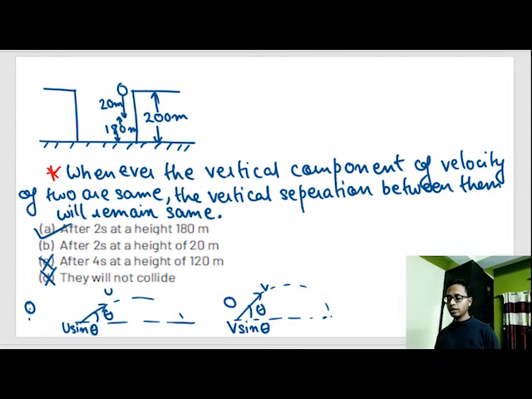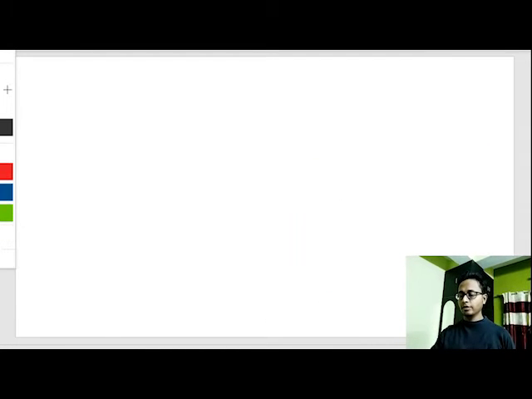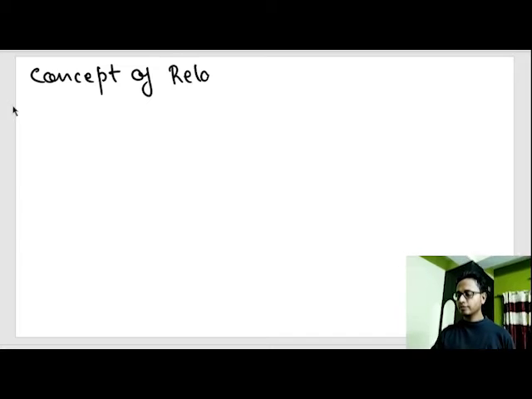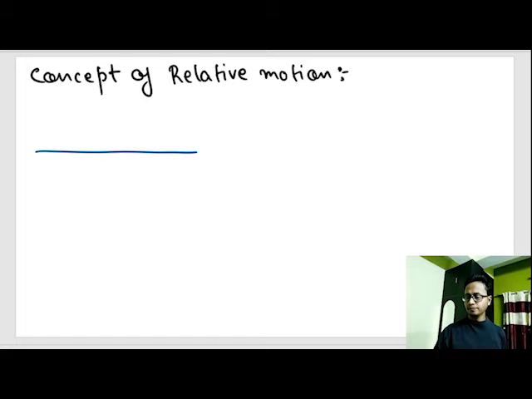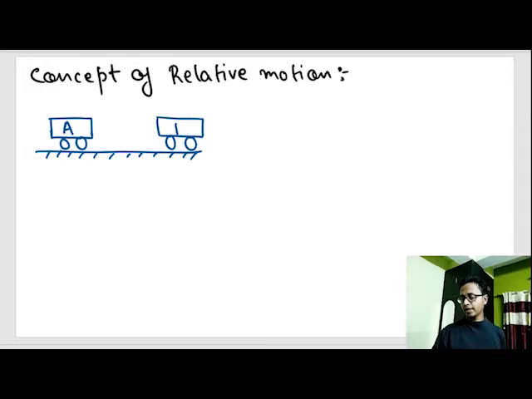Now let's do the concept of relative motion. Suppose you are at a roadside, sitting on the grass, and you are seeing two cars, car A and car B. Car A is moving with velocity VA and car B is moving with velocity VB.